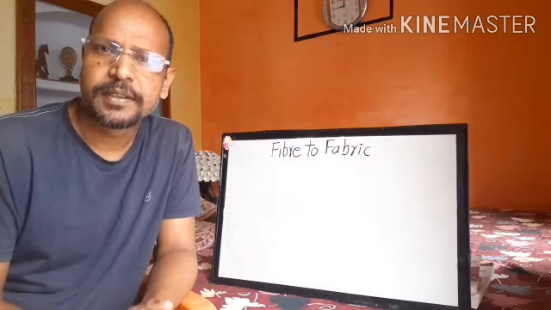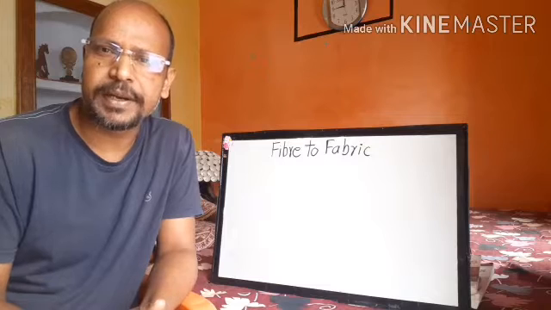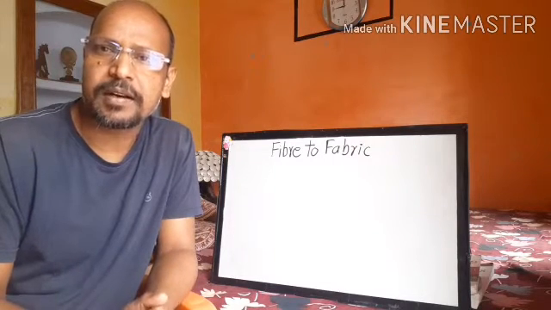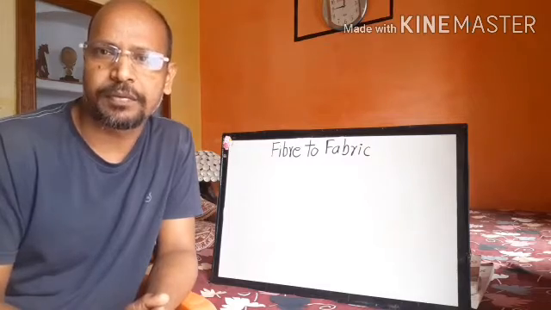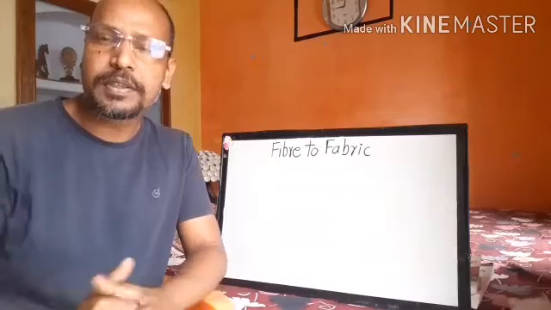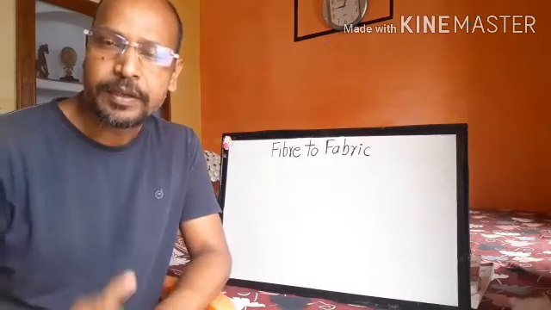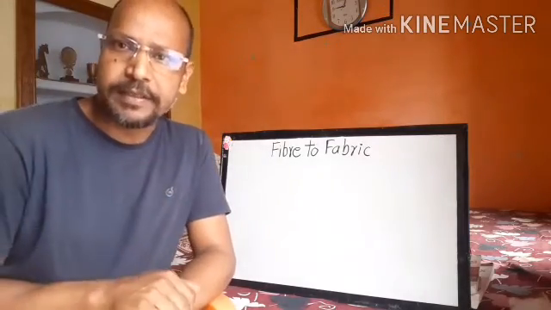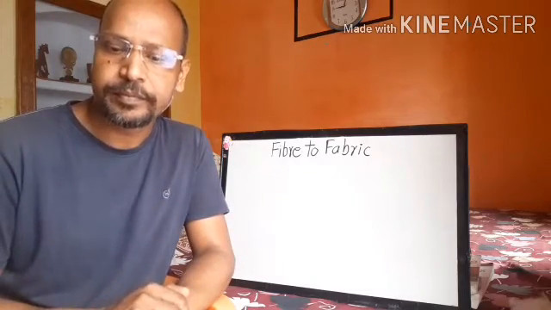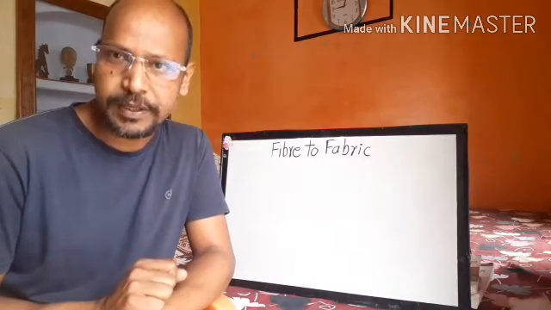So the question arises in our mind, how are these fabrics made? To know the answer to this question, we do an activity. Take a small piece of cloth, okay?